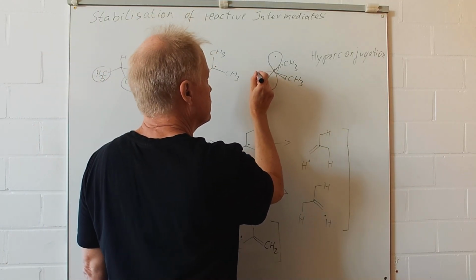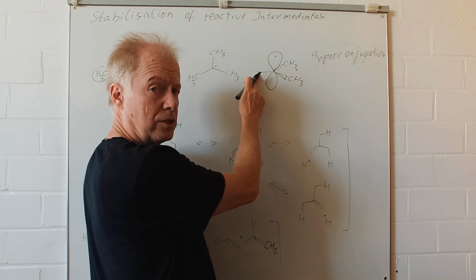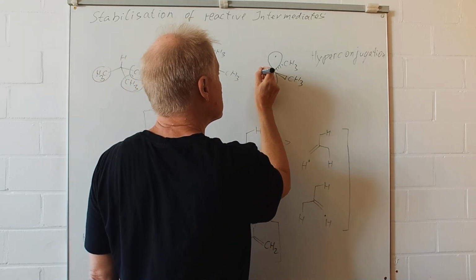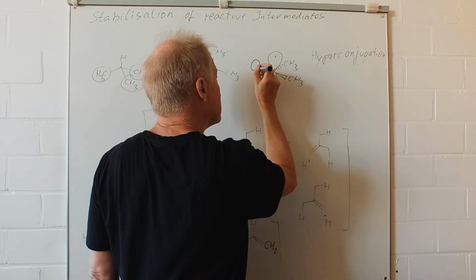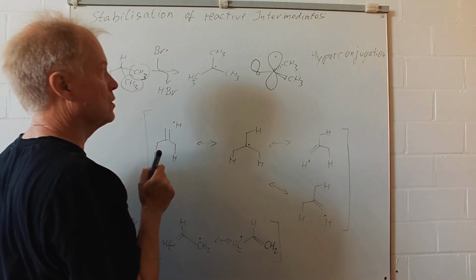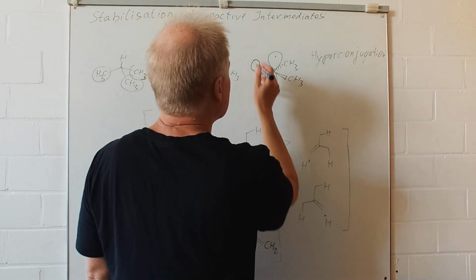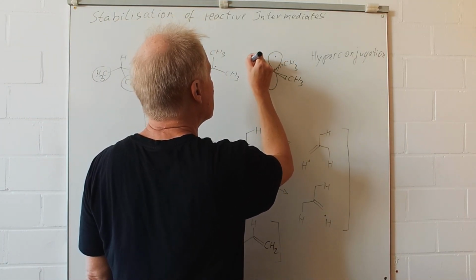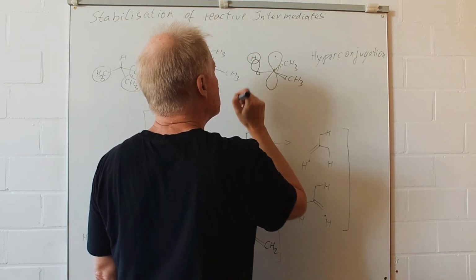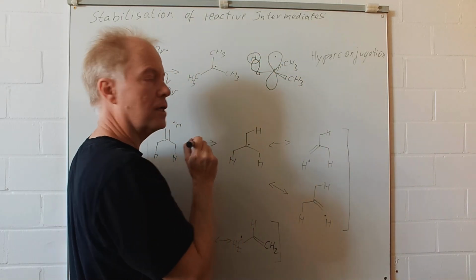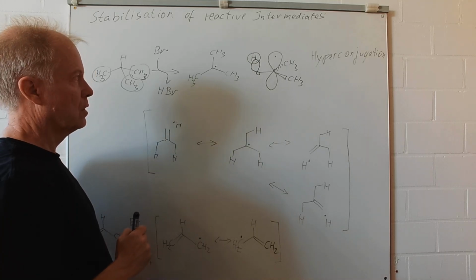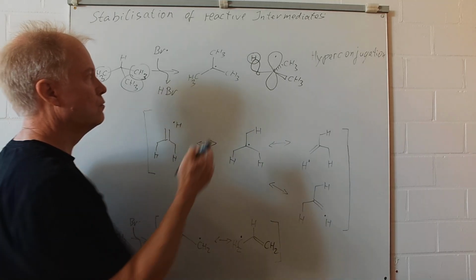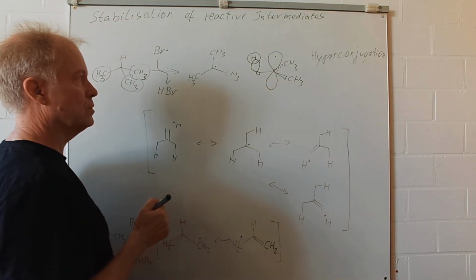and well, this carbon is sp3 hybridized, so let's introduce an sp3 hybrid orbital, and then we have an overlap to the s orbital of that hydrogen. Overall, 2 electrons are involved in this CH bond.